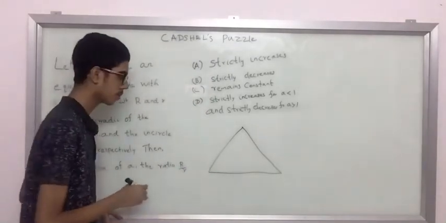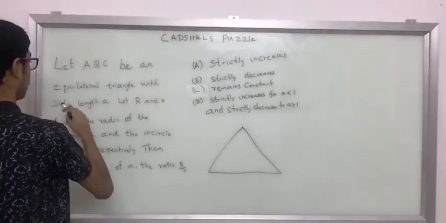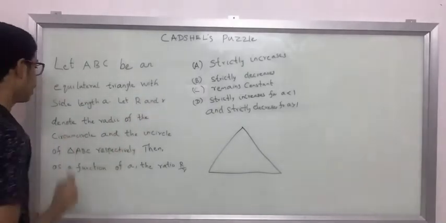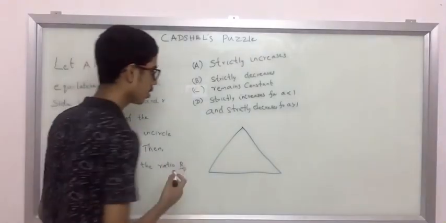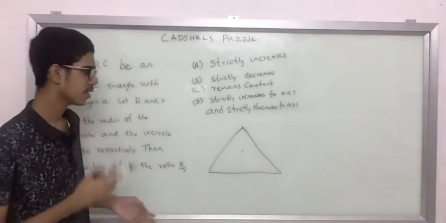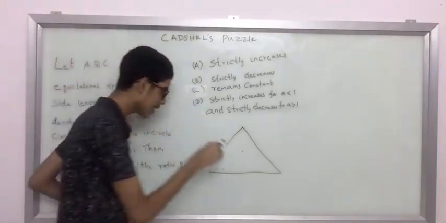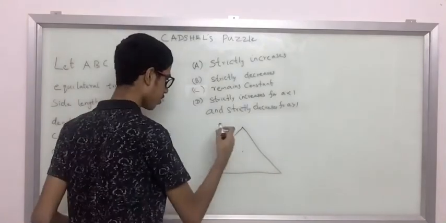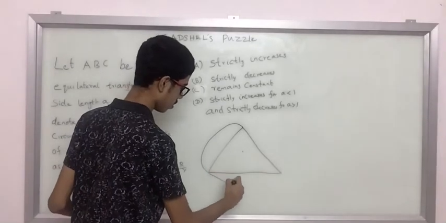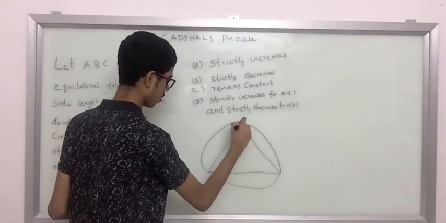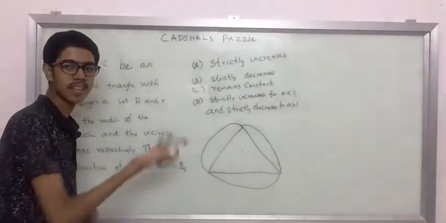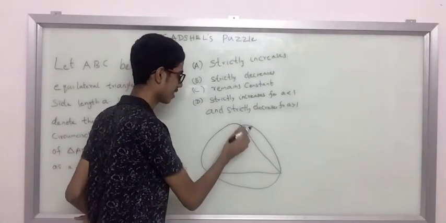Now, what they told: let R and r denote the radii of the circumcircle and incircle. Then this will be the center point. It's an equilateral triangle, which means all the centers will be at this same point. I can't draw circles that well, but let's see.